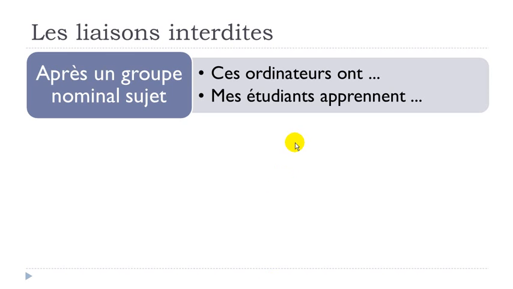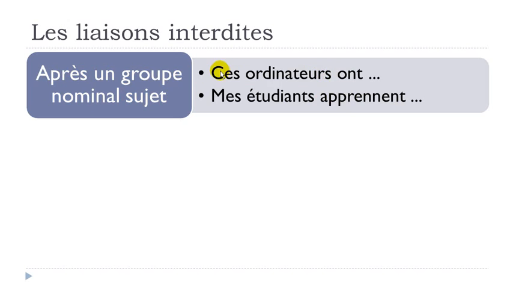And another rule is if you've got, like here, ces ordinateurs, or like here, mes étudiants. Okay, so in these two sentences, ces ordinateurs is the subject, mes étudiants is the subject, and then you've got the verb coming after, all right? And so the idea is that if you've got a subject like that, it's what we call un groupe nominal, okay?